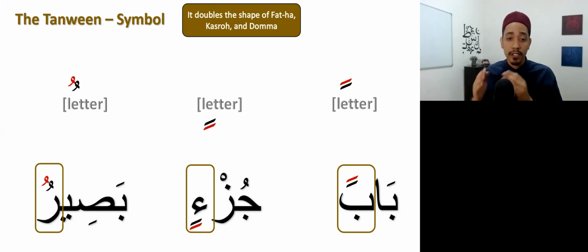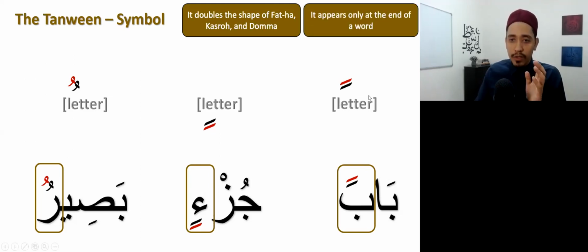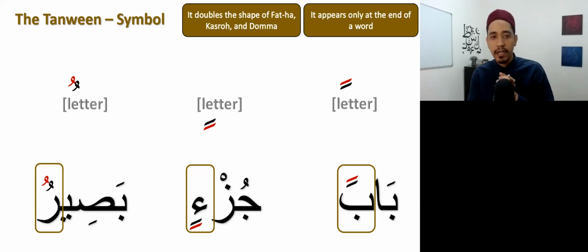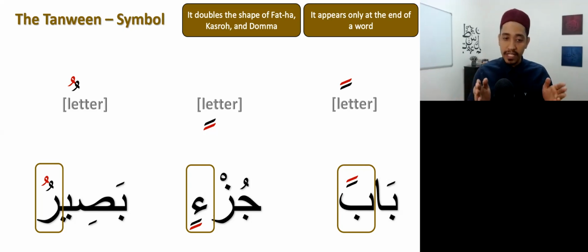It doesn't double anything else but the fatha, the kasra, and the dhamma. And lastly, it's important to note that it only occurs at the end of a word. You notice in all three situations, it's always at the end. So you don't have to worry about seeing this concept in the beginning or the middle of a word. So that narrows it down a little more.